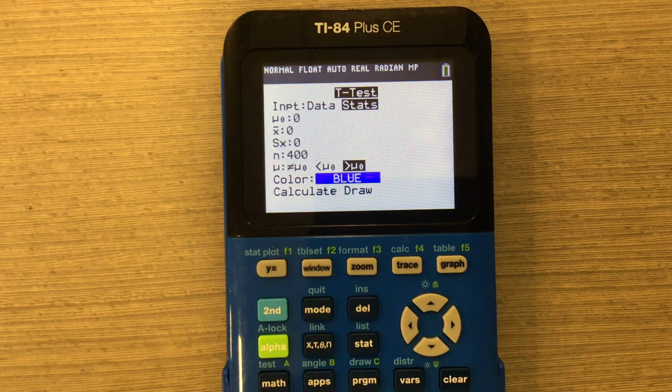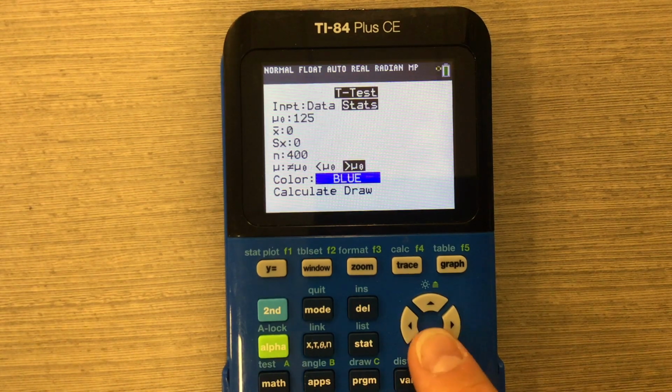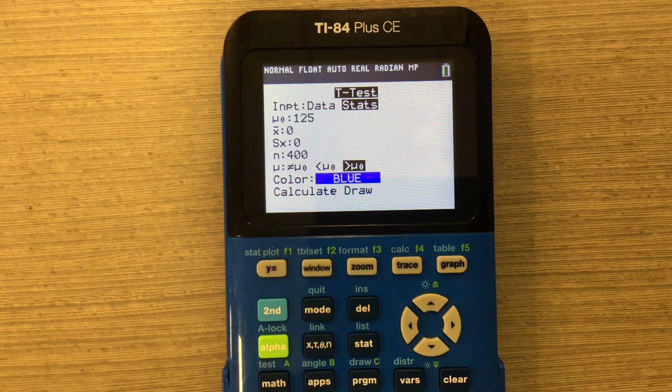What is the null mu? Well, the null mu that was given to us was 125. And our sample spat out at us 124.2. Sorry, that was the sample mean.